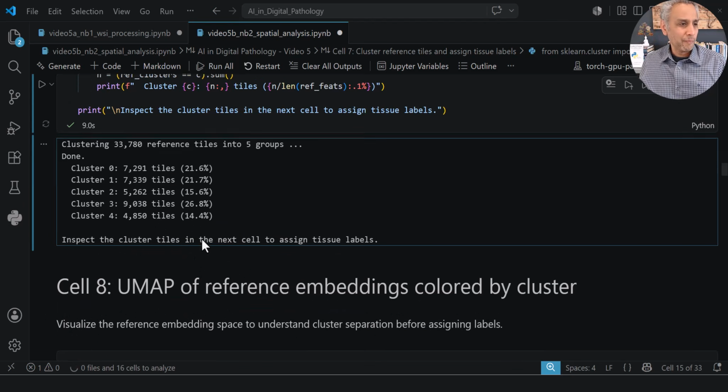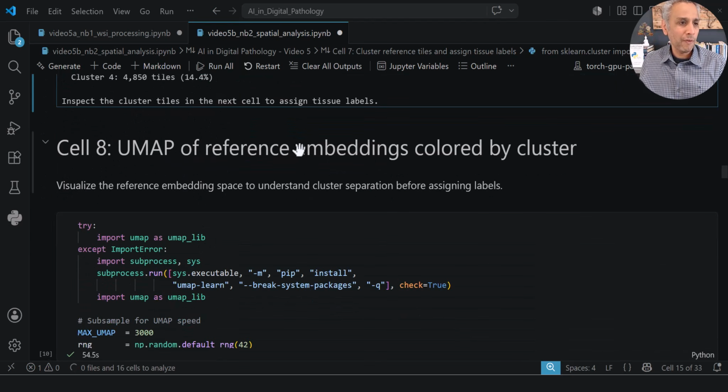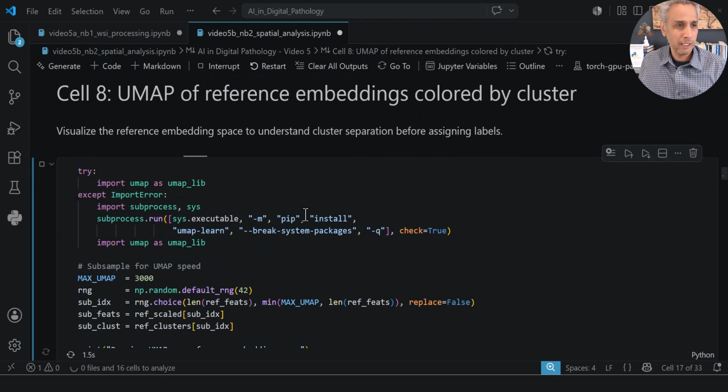Now let's do a UMAP of the reference embeddings colored by cluster. This one takes a little while, so let me go ahead and run that. The UMAP should show us the 5 clusters projected onto 2 dimensions, as we saw in the presentation.